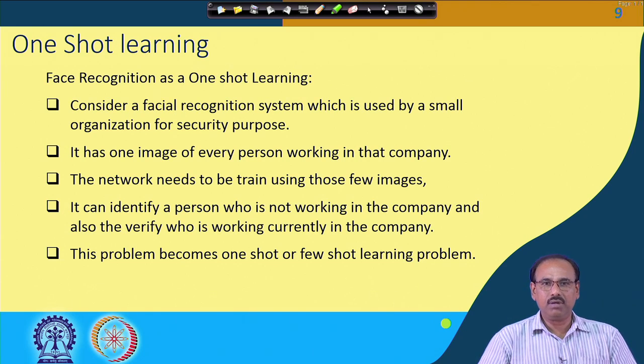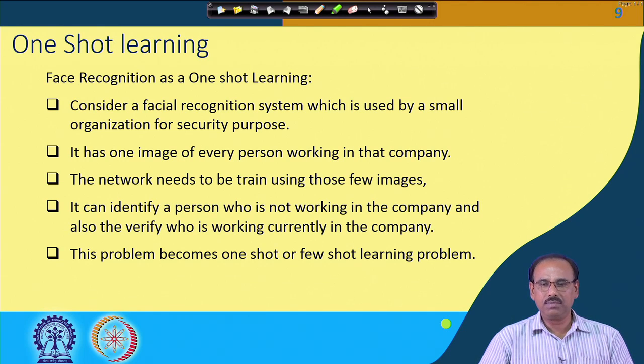At the beginning, when a person joins, the organization may take, as you all have faced, your passport photograph when you apply for admission, opening a bank account, some examination, or an identity card.